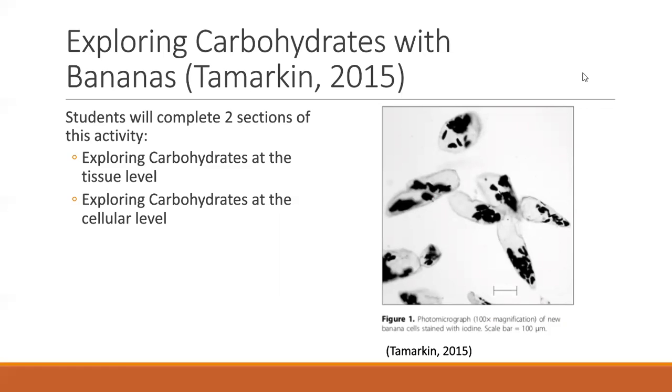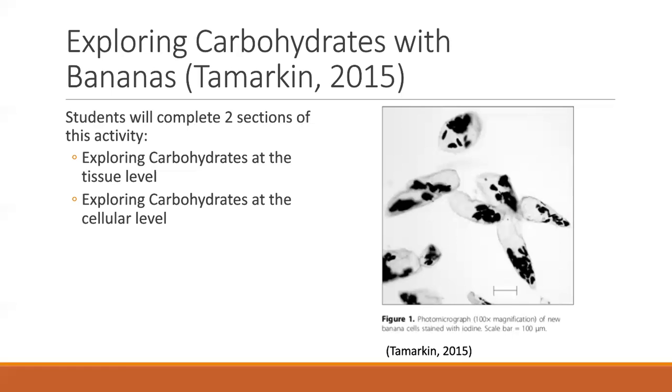The first level is at the tissue level. Students are going to sample a ripe and a not ripe banana. That will lead to a discussion about what they observed about the difference in taste, texture and all that. Then each group is going to have a ripe and a not ripe banana of their own that they're going to do a starch test on, using iodine.